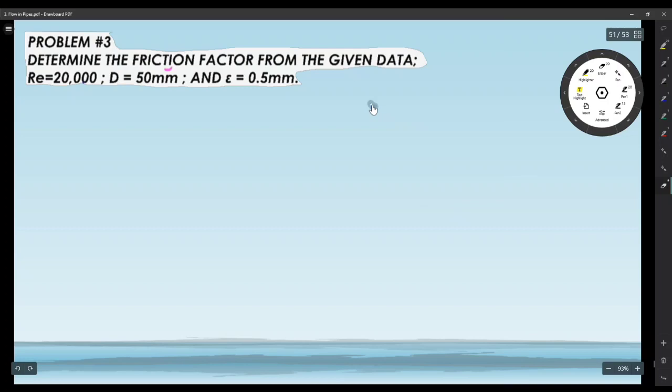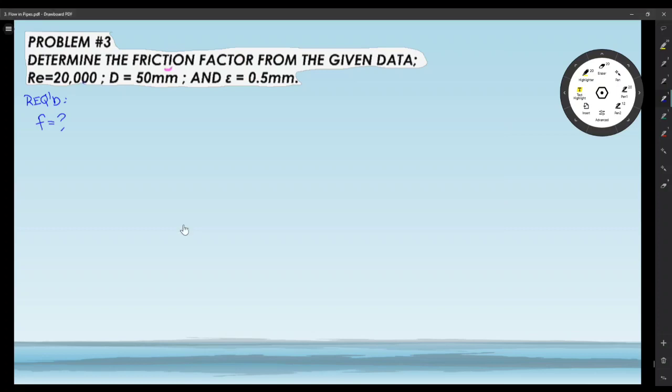Alright, so ngayon, hahanapin natin yung friction factor dito. So the required is the friction factor F. Okay, so dito sa problem na to, we need to classify first ano yung classification ng magiging type of flow nito.